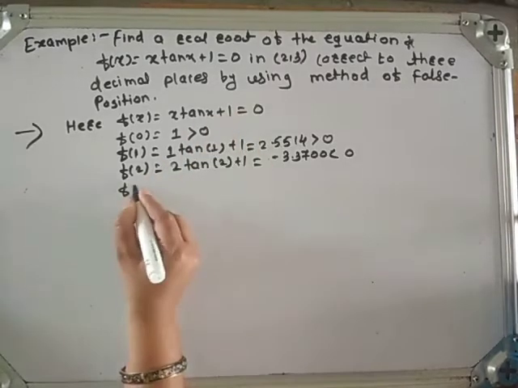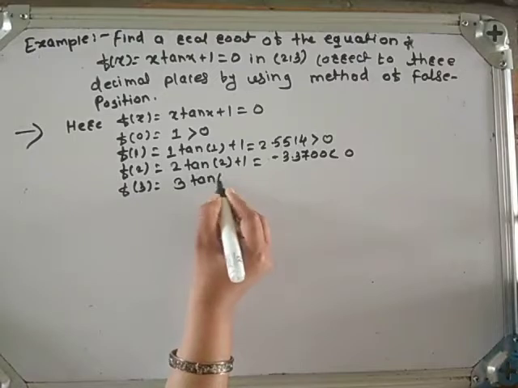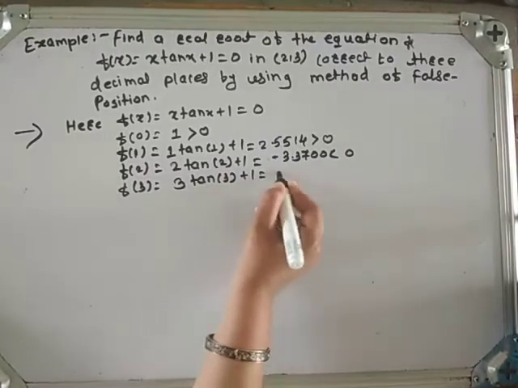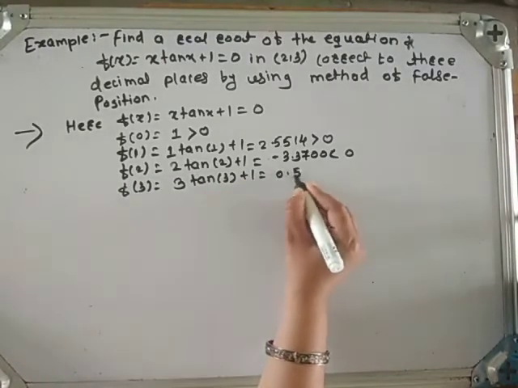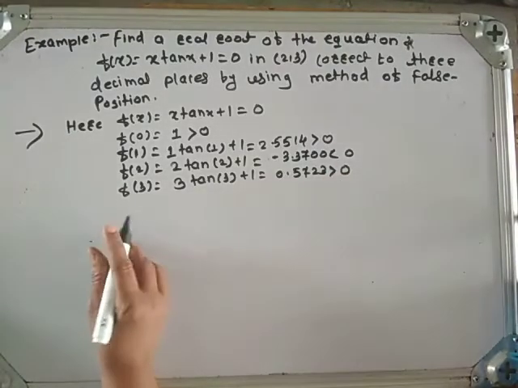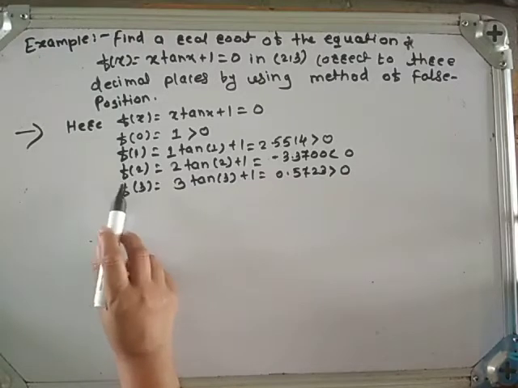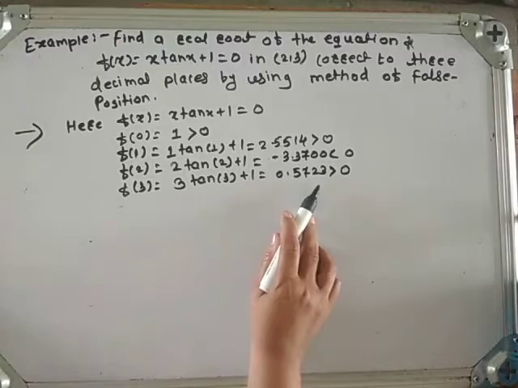Now put x = 3 in this equation. We get 3 tan 3 + 1 = 0.5723, which is positive. See here, f(2) is negative and f(3) is positive.